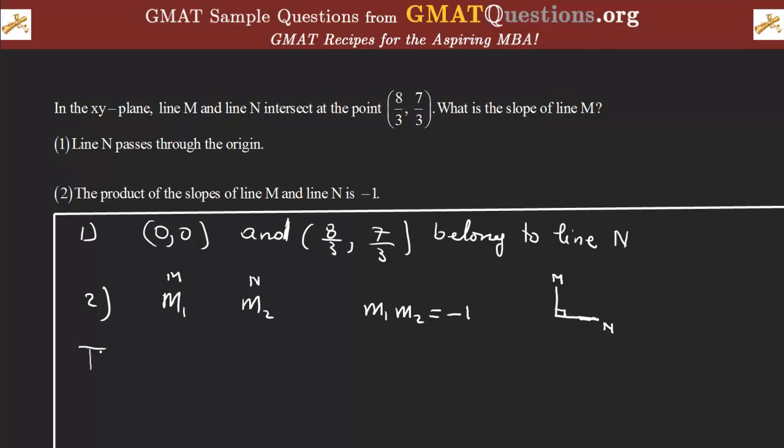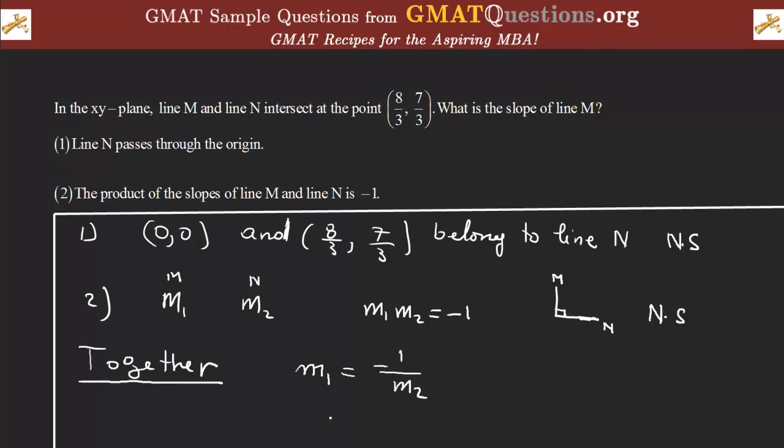However, if we put number 1 and number 2 together, here I will just put not sufficient, and here also not sufficient. NS means not sufficient. Together, we have two things going on here. First, we know that we can find the value of the slope of line N. It's a certain number. We can actually calculate that. Number 2, we know that M1, which is the slope of line M, is equal to -1 over M2.